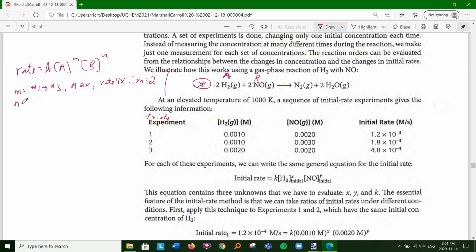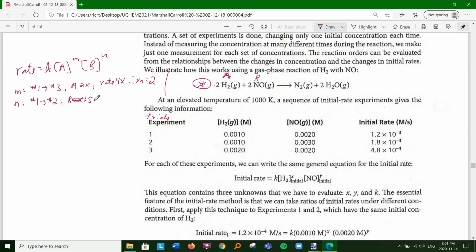Okay, now let's look at n. We're focusing on B, the nitrogen monoxide. So we want to see, where does A stay the same but B change? And I see if I go from 1 to 2, A stays the same, B doubles. That's not doubling, that's going up 1.5. B goes up 1.5 times.